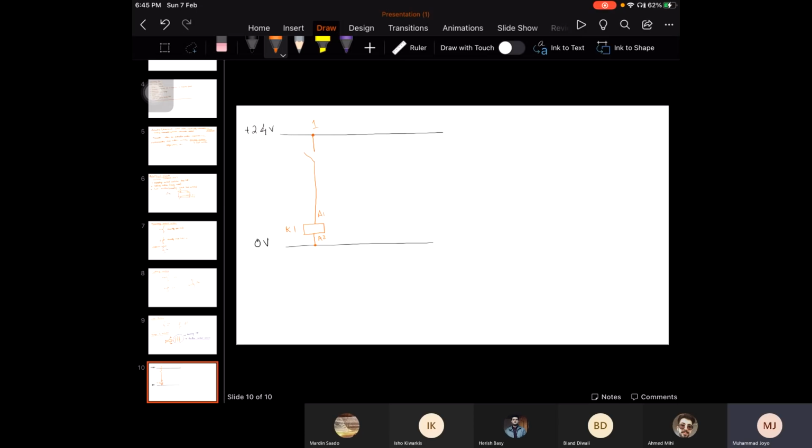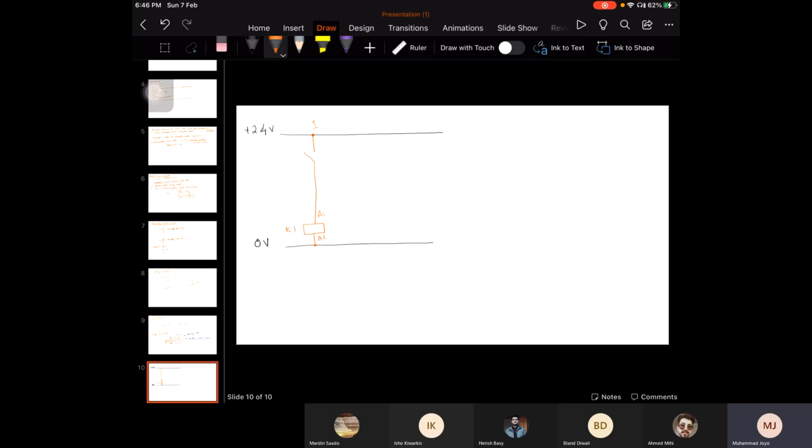Always make sure that the output relay is always connected to the ground. You cannot place any switches at A2.